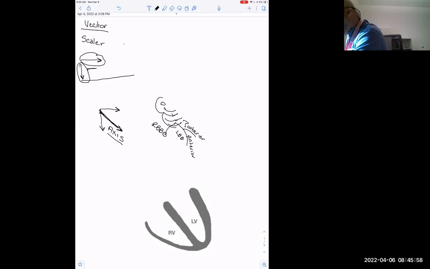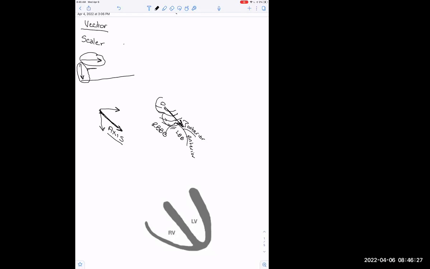You have all these vectors moving downward and to the left and around. But the average of all these vectors is downward and to the left. Okay. Any questions so far? Chris, anything you want to add here? No, sir. Okay.